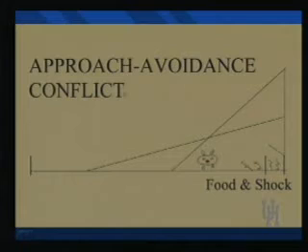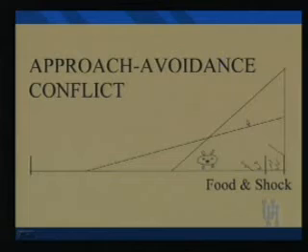Here, the rat in the alley will start out, has had experience that there's food at the end, will get to this point, will be more and more motivated to get to the food, will get to this point, and although is still motivated by the food, starts to be motivated to go the other direction by the avoidance gradient, and we'll get to the point where the avoidance tendency and the approach tendency are the same.